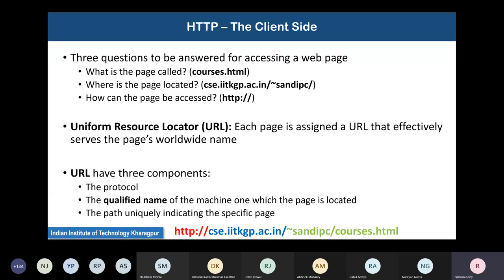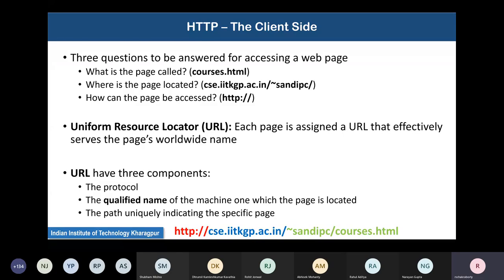The page is located in the server csc.itkgp.ac.in, and the directory structure is under the root, under the home folder of Sandeep C. And how can the page be accessed? Using the HTTP protocol.